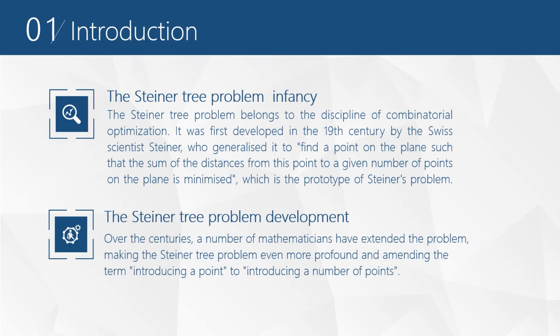The Steiner tree problem developed over the centuries, and a number of minimizations have extended the problem, making it even more profound and amending the term from introducing a point to introducing a number of points.